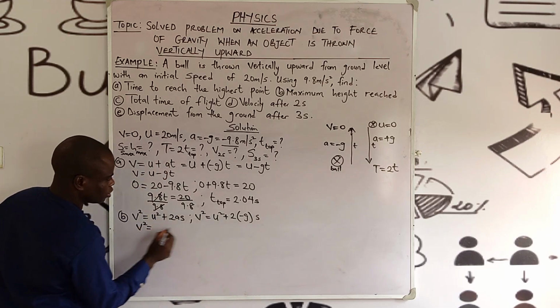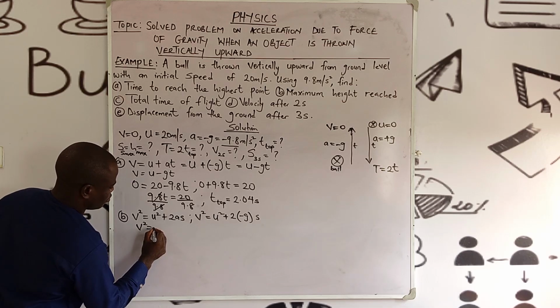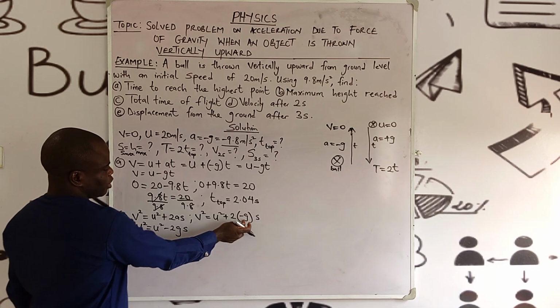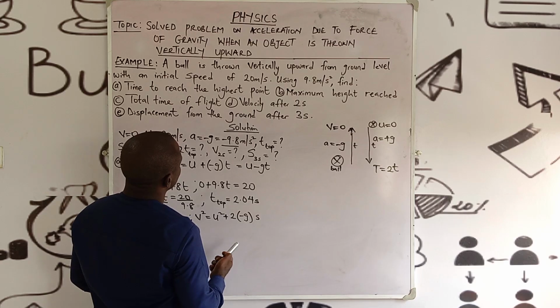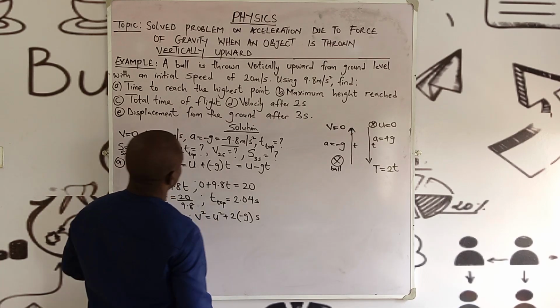Positive and negative give you negative, u squared minus 2gs. Since you have substituted minus g here, for you not to be confused, let's do it like this.